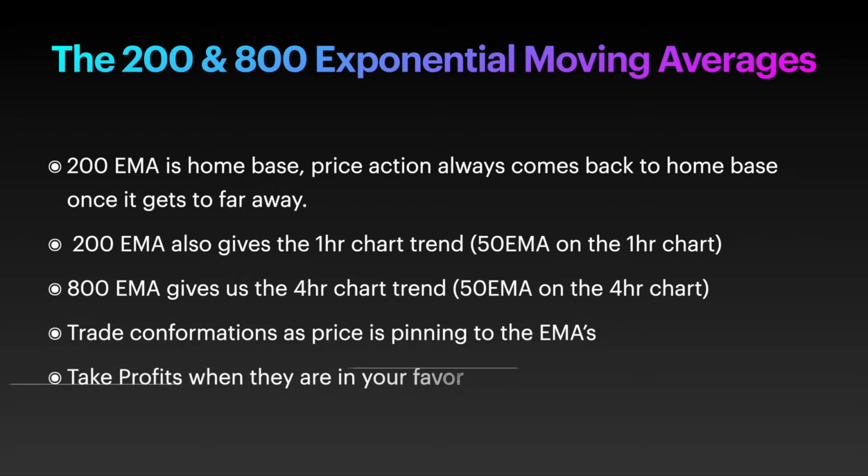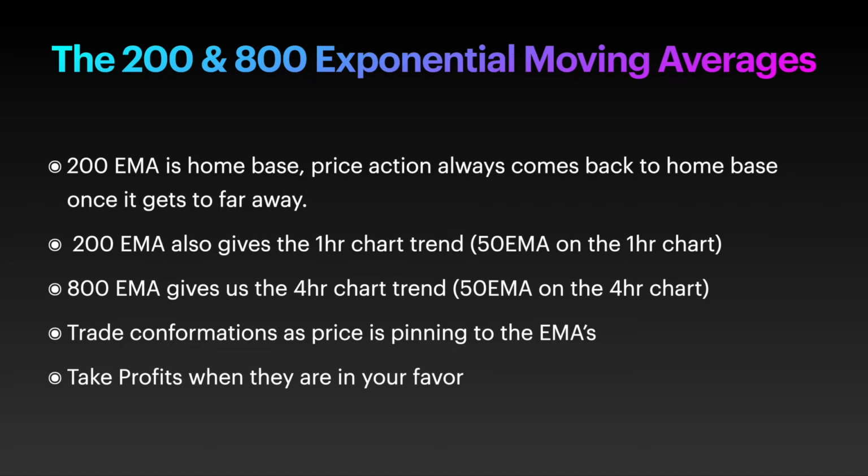And finally, I love taking profits on the 200 and 800 EMA. You can use these two EMAs to take profits when they are in your favor, meaning when you're able to use them as take profit points. I'm going to show you all that in a chart so you can better understand what I'm talking about.